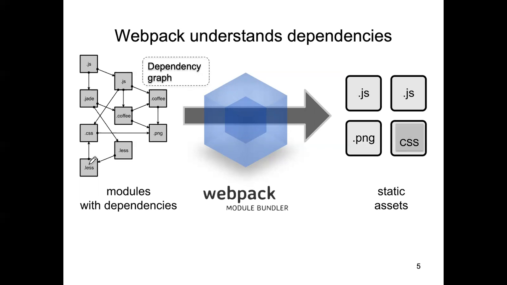And so that Less file, as it goes through Webpack's processing, Webpack will convert or transform it back into raw CSS, because again, a browser doesn't understand Sass or Less or any of these higher level forms of CSS. If you have a number of static images, then it'll put all of those into a bundle.